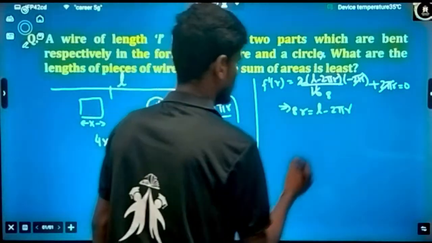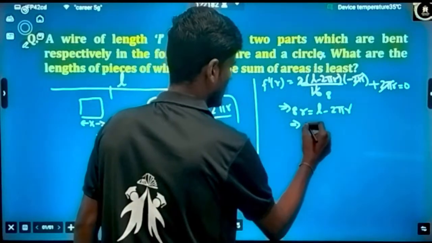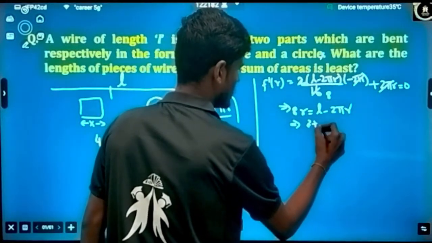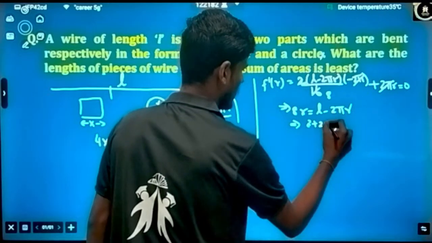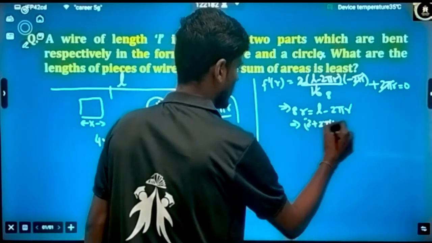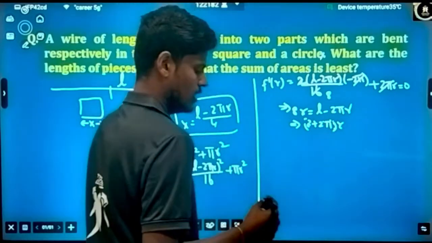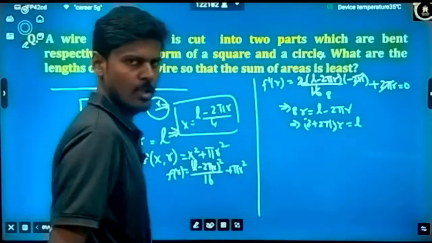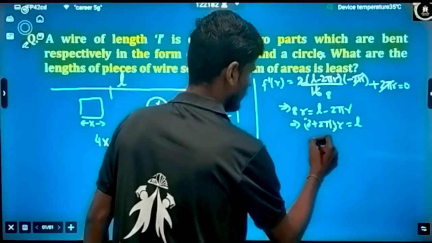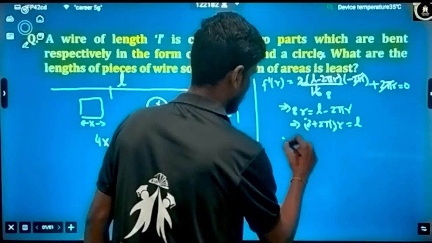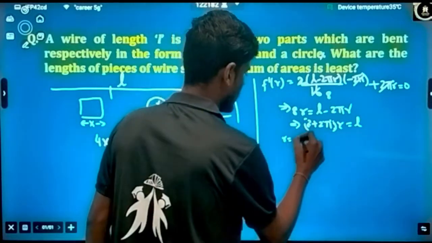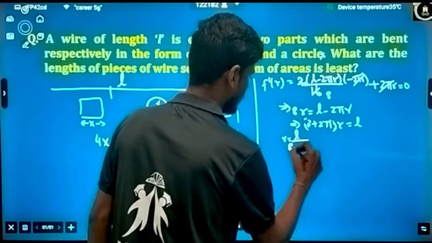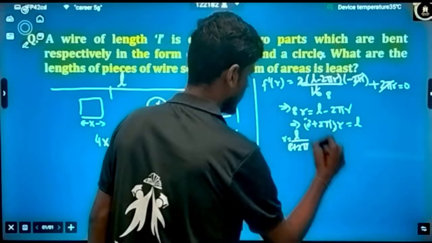Then 8r is equal to this value, which means we get (8 plus 2 pi) into r equal to L. So r is equal to L by (8 plus 2 pi).